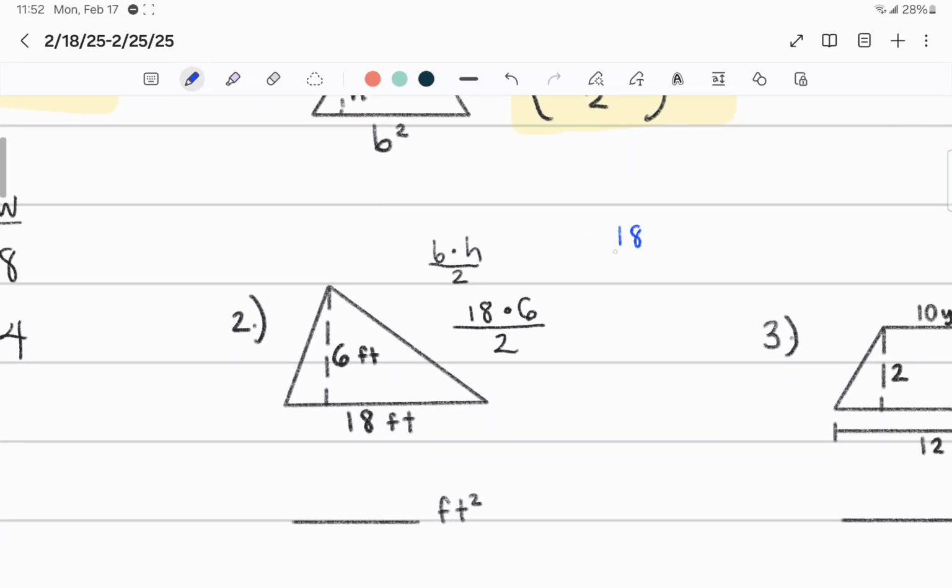So let's just do this by hand here. 18 times 6, that's 48. 6 times 1 is 6, plus 4 is 108. So we have 108 divided by 2. And then again, if you don't have a calculator, you would have to just do this by hand.